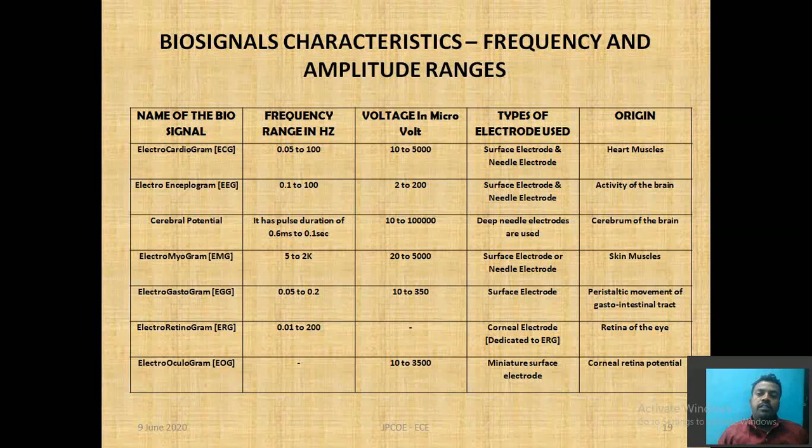These are very weak signals, easily affected by movement of electrodes, movement of lead wires, vibrations, and electric and magnetic fields. So these measuring instruments are placed in a highly secured room. These are the different types of biosignals and their characteristics.